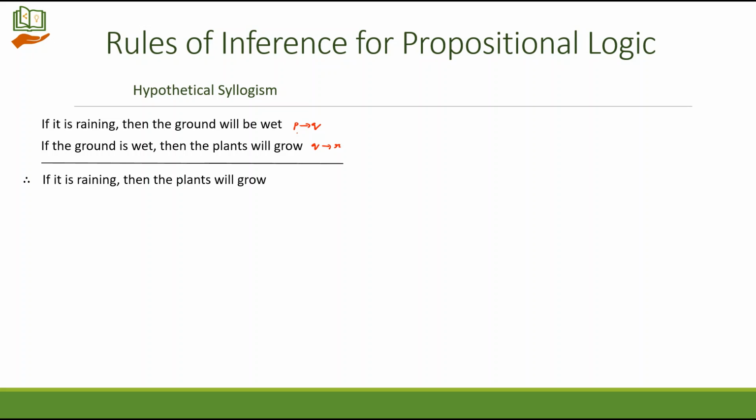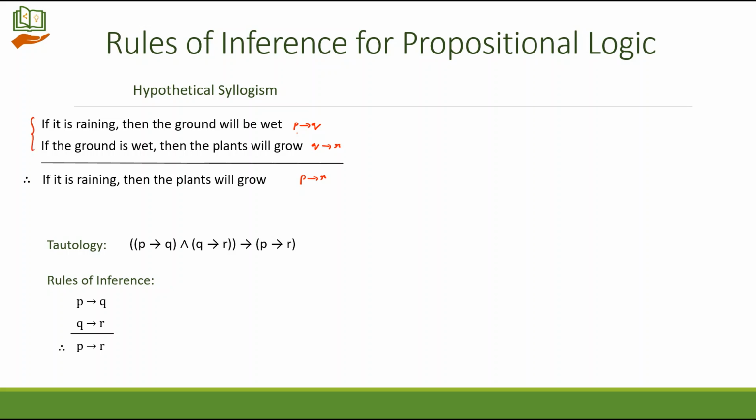So this will be P implies R. So the tautology can be expressed as P implies Q and Q implies R, overall implying P implies R. The rules of inference will be given in this format: P implies Q, Q implies R, therefore P implies R. So based on these two premises, we are able to get this particular conclusion.